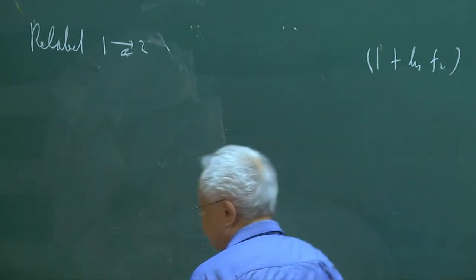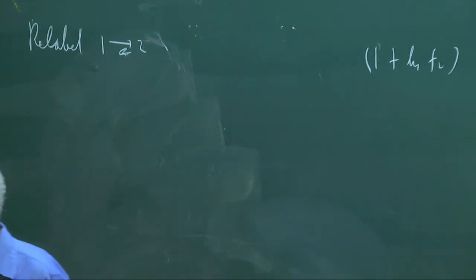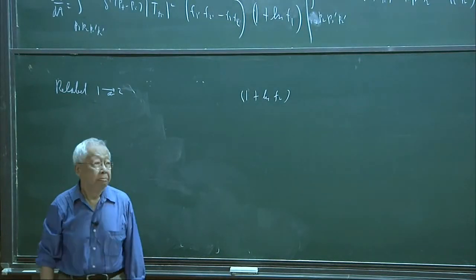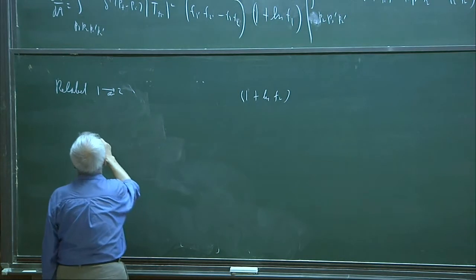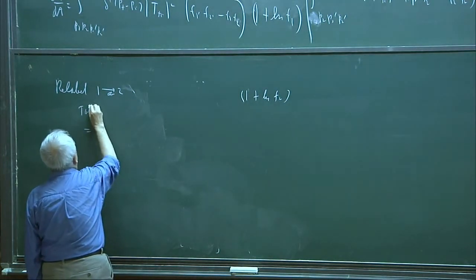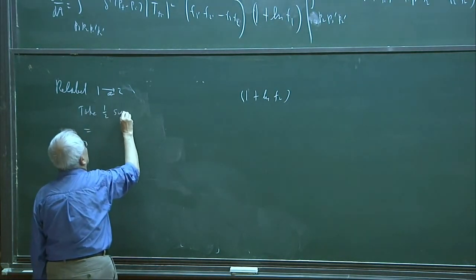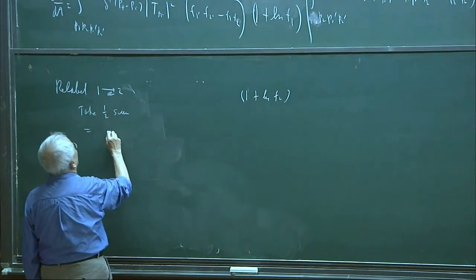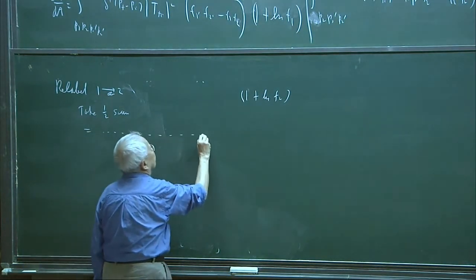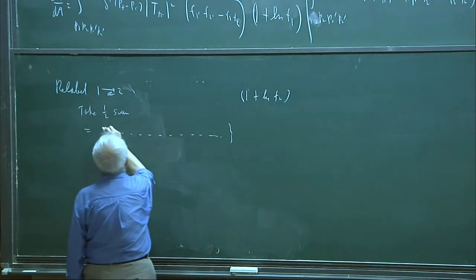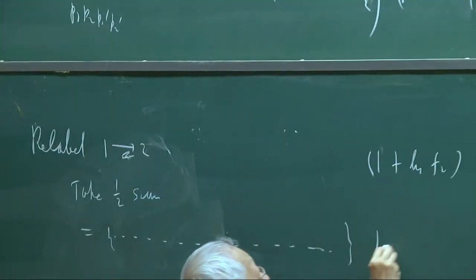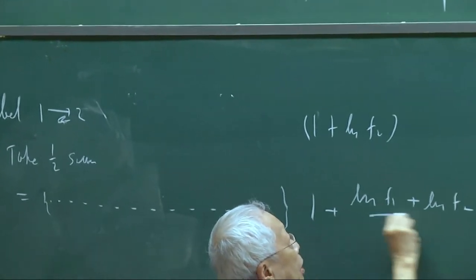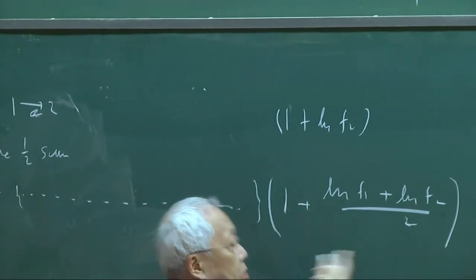The rest is the same. And this whole thing is equal to the original integral. Therefore, I just take half of the sum. Here I will get 1 plus log f1 plus log f2 divided by 2. This is also equal to the same integral.